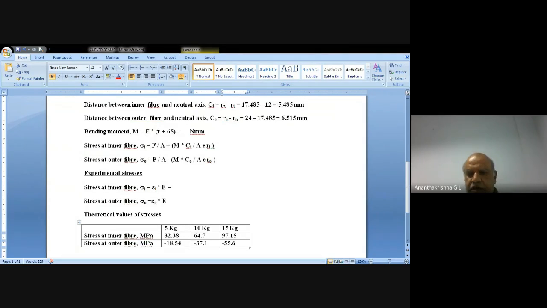Now let's look at how the experiment is going to be conducted. Yeah, this is the setup of the curved beam experiment.